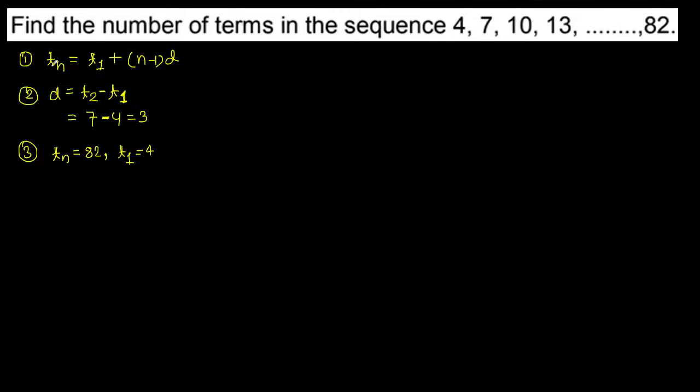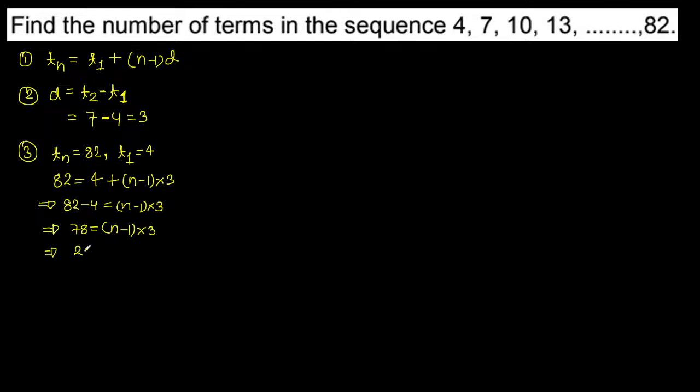अब इस फॉर्मूला में पुट करें तो Tn होगा 82 इक्वल टू T1, 4 प्लस n minus 1, D is 3. 82 minus 4 equal to n minus 1 into 3. This is 78 equal to n minus 1 into 3.